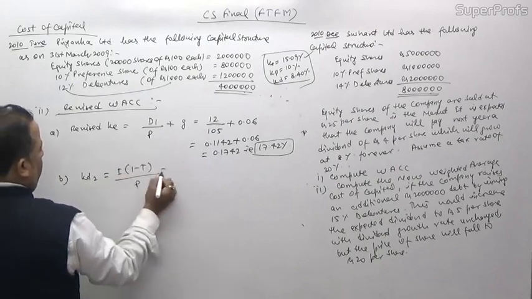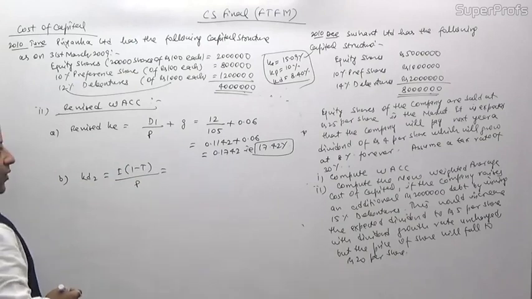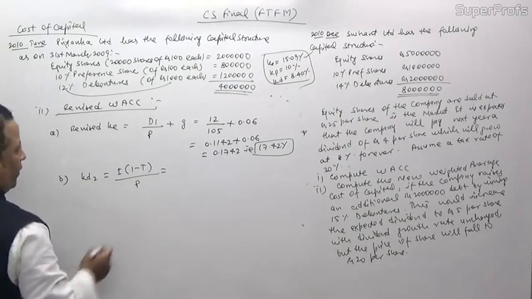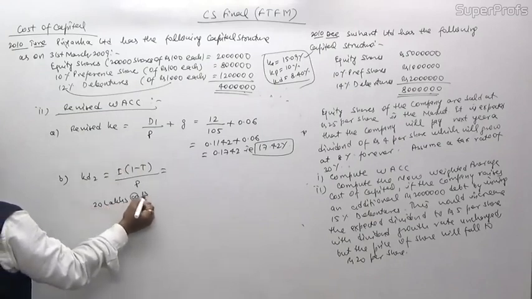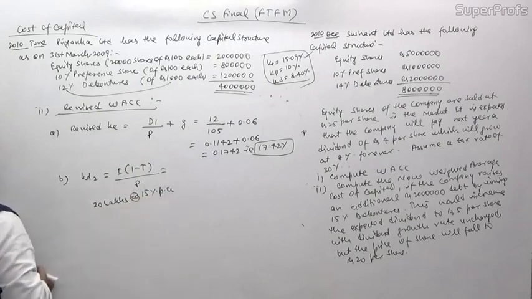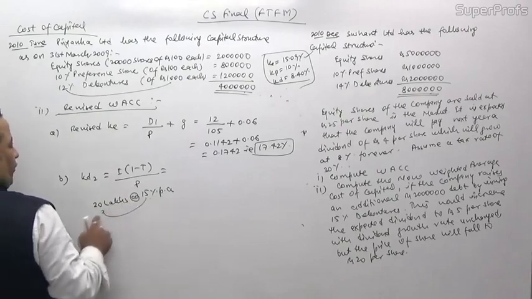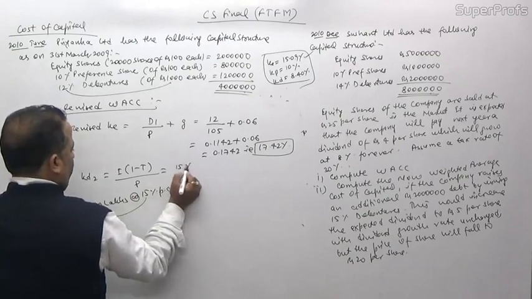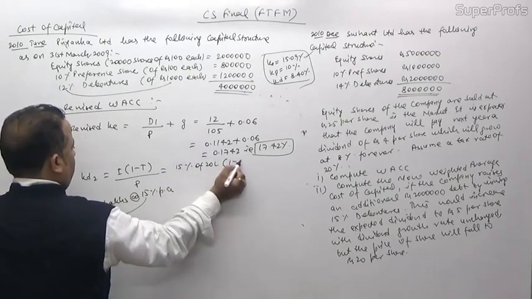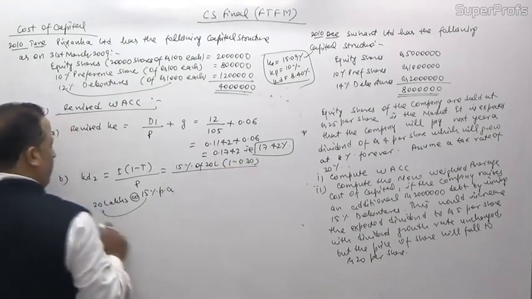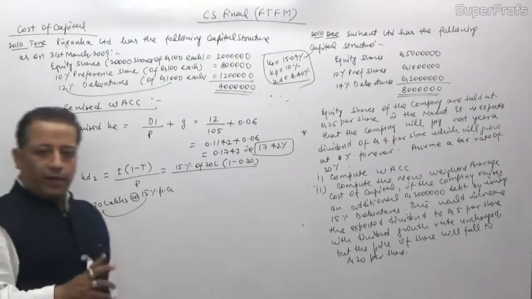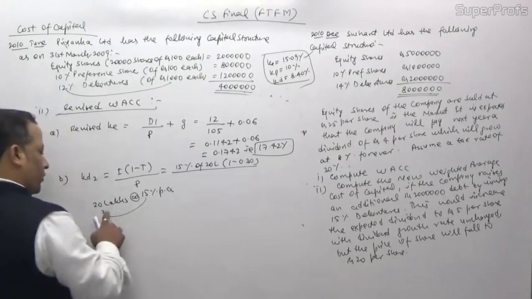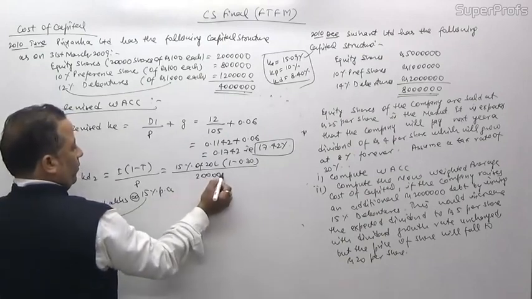And the cost of debt too: I(1 minus T) divided by P. The company wants to borrow rupees 20 lakh at the rate of 15% per annum. So the amount of interest is 15% of 20 lakh, which is 3 lakh. Tax rate is 30%. In case of a loan, there will be no flotation price, no market price, but only the face value, which is 20 lakh rupees.